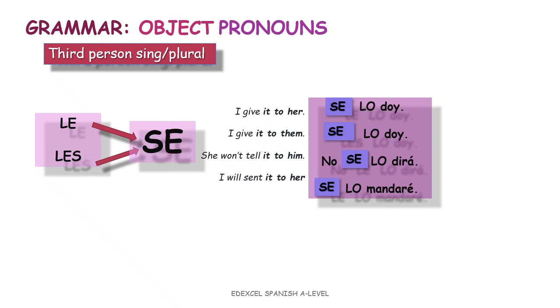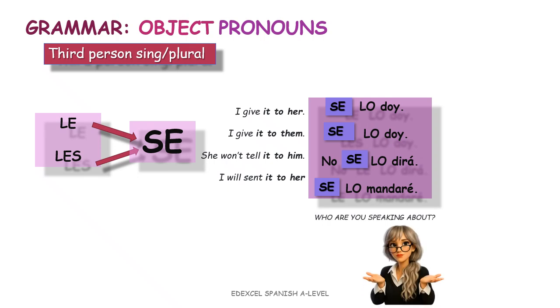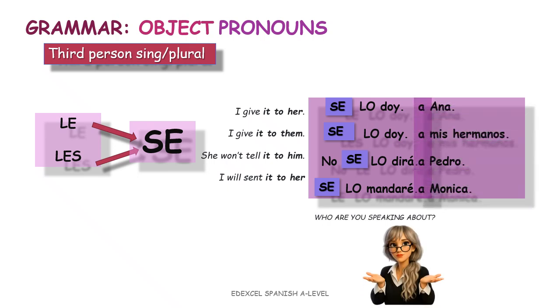This happens not only because it sounds weird, but because "lelo" and "lela" means stupid. We don't want that. This can sound a bit vague, so we often add a clarification like "a Ana", "a mis hermanos", "a Pedro" afterwards.